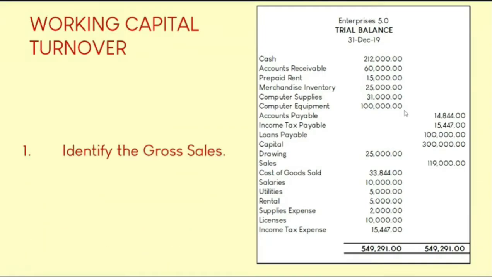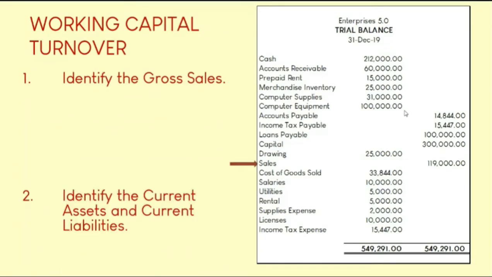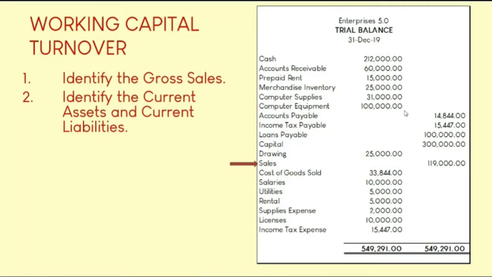Okay, so step 1, we identify the gross sales. How much is our gross sales in this case? 119,000, sir. Okay, 119,000. Second step, we compute for the working capital. So identify the current assets. Right now, ano yung mga current assets natin na nandito?